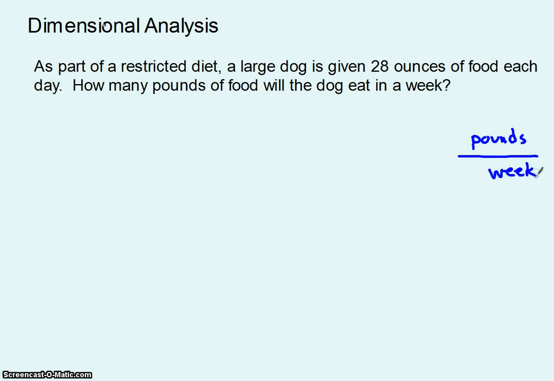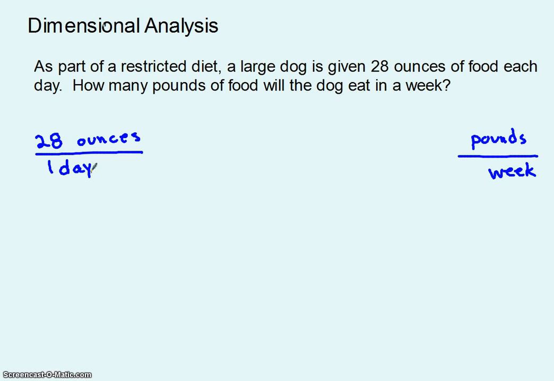So I'll start with the information I was given, and I'll make sure I put ounces, not pounds. Okay, that's my weight unit, over 1 day, which is my time unit.